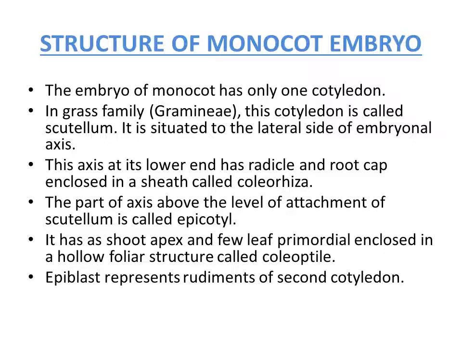The part of the axis above the level of attachment of the scutellum is called the epicotyl. It has a shoot apex and a few leaf primordia enclosed in a hollow foliar structure called the coleoptile. The epiblast represents the rudiment of a second cotyledon.